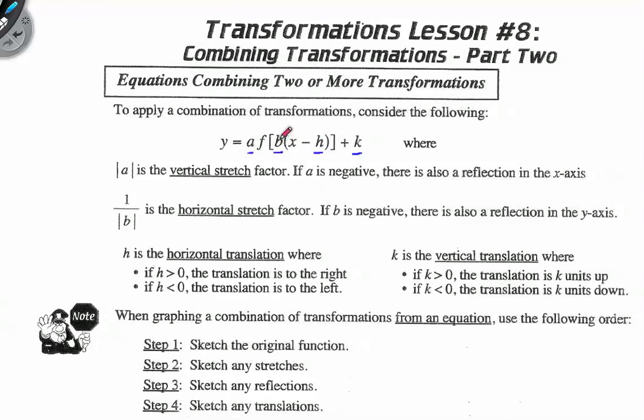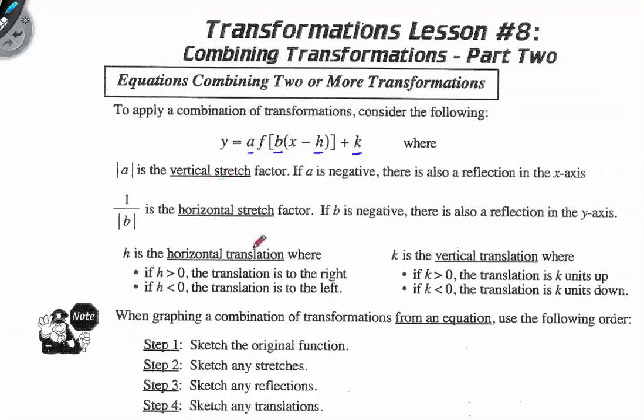So b, if b was 5, it would be a horizontal compression by 1/5. And h, if h was 2, this would read x minus 2. It would be a shift to the right, to the positive direction by 2.